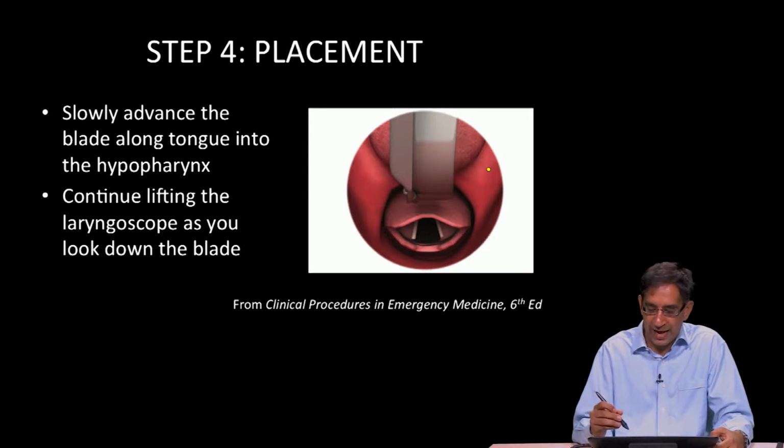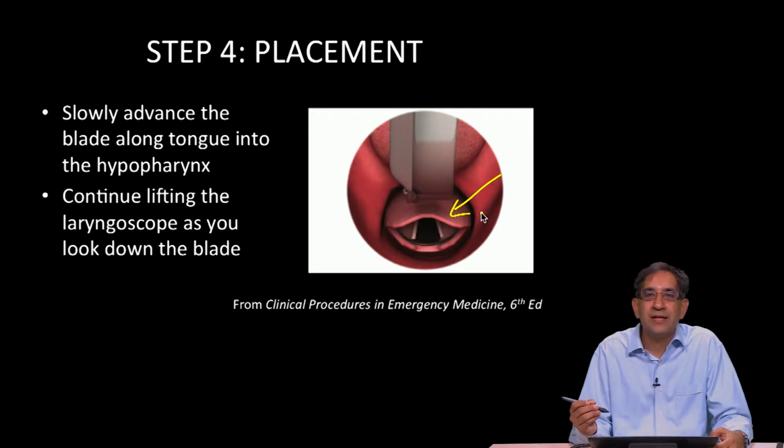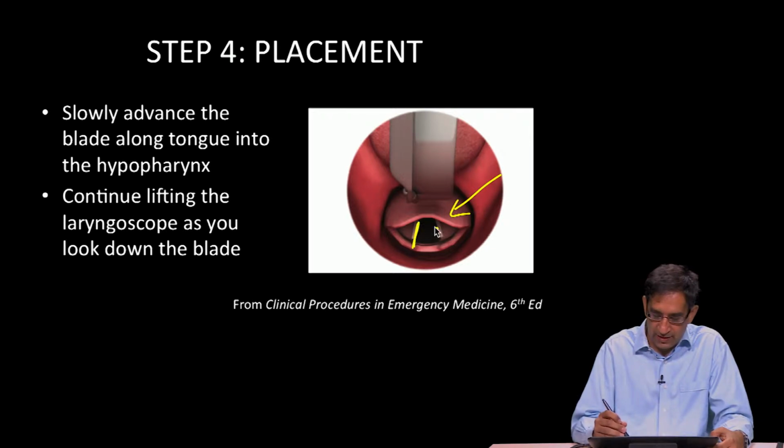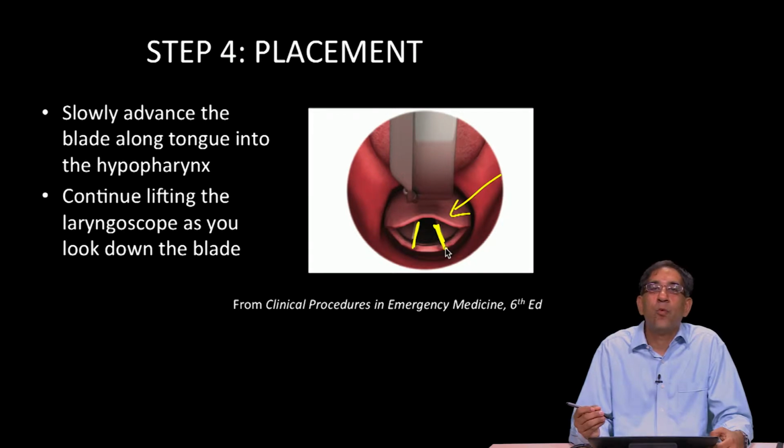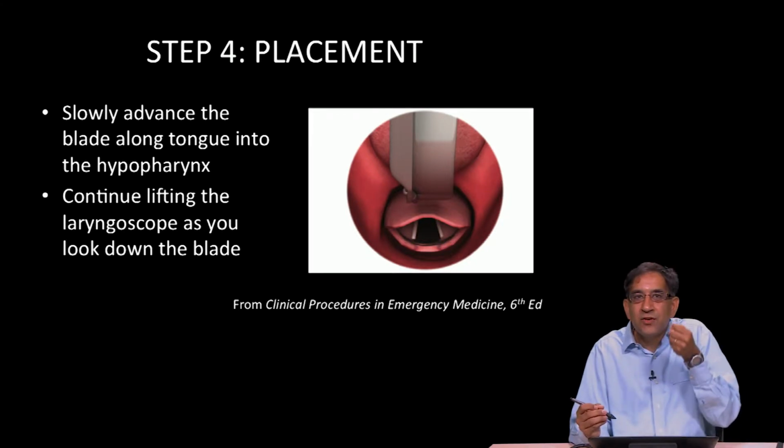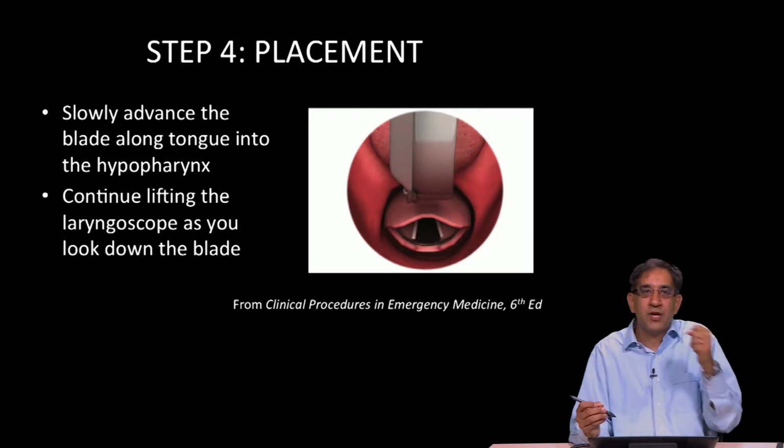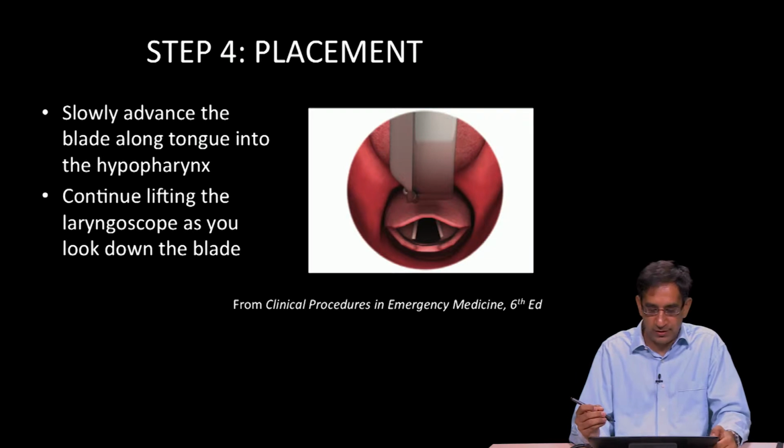And eventually what's going to happen is you're going to see a couple things. That's the epiglottis, and these structures are the white vocal cords. So as you're inserting and slowly advancing the laryngoscope blade into the hypopharynx, you're going to see these structures.